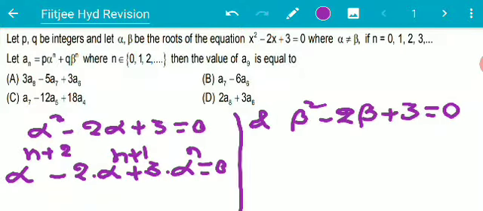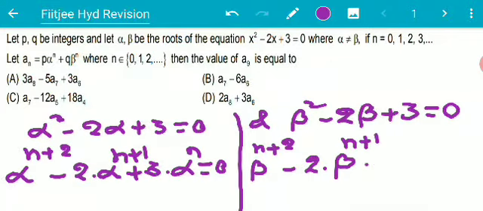Similarly, this part I am multiplying with beta power n on both sides: beta power n plus 2 minus 2 into beta power n plus 1 plus 3 into beta power n equals to 0.